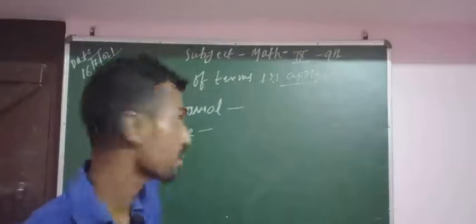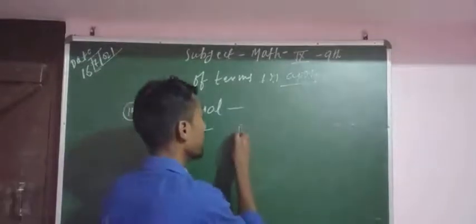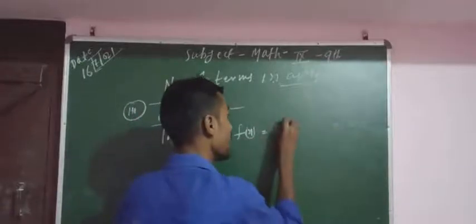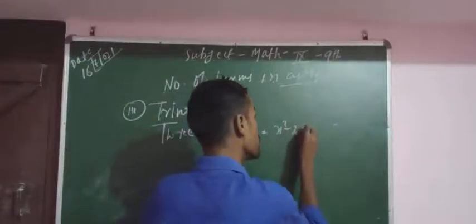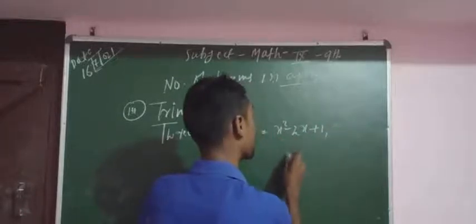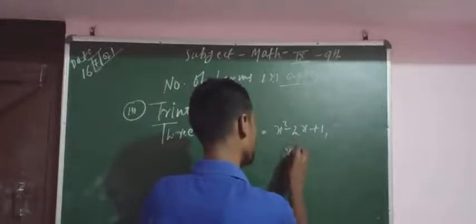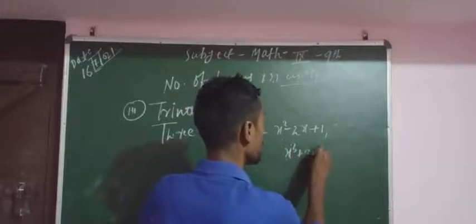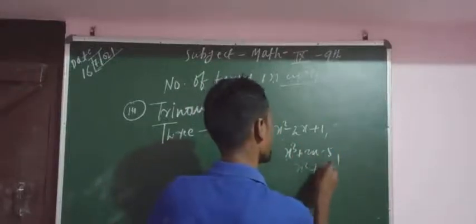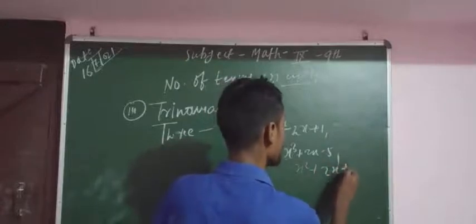This is called trinomial. Let f of x be the polynomial expression, x square minus 2x plus 1 maybe. Another example: x cube plus 2x minus 5 maybe, x square plus 2x plus 1 maybe.